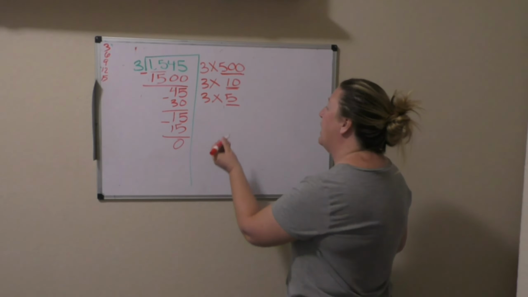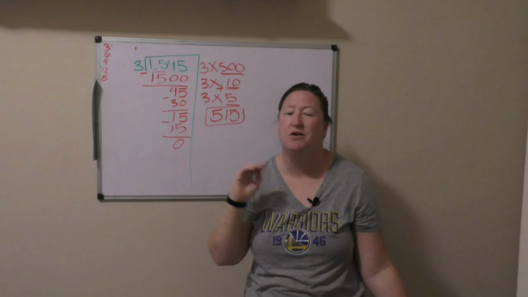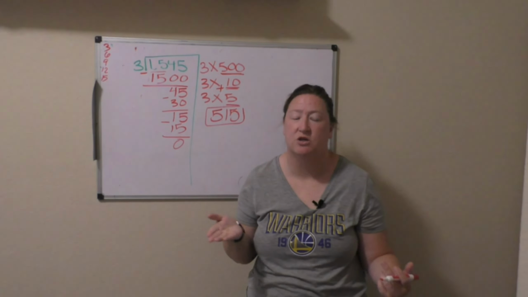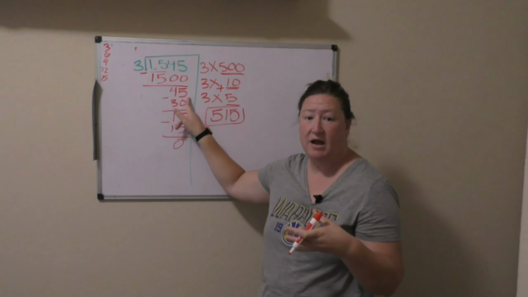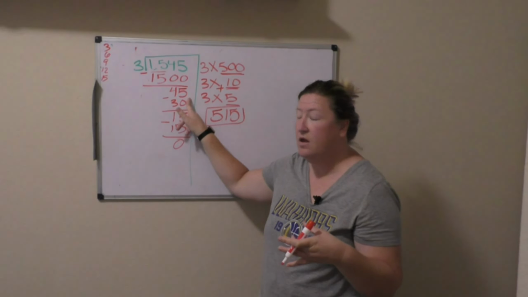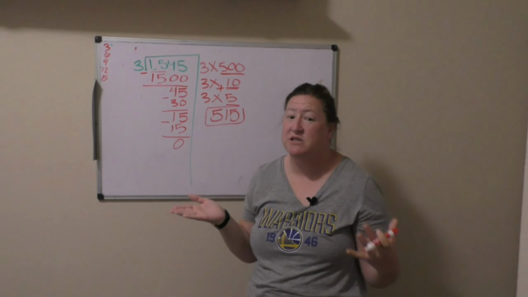Now, boys and girls, these are not always going to be the same. It depends on you and what you know multiplication-wise. Okay? If you already in your head knew that you can count by threes and get to 45, then instead of 3 times 10 giving me 30 and 3 times 5 giving me 15, you could have saved yourself a step.